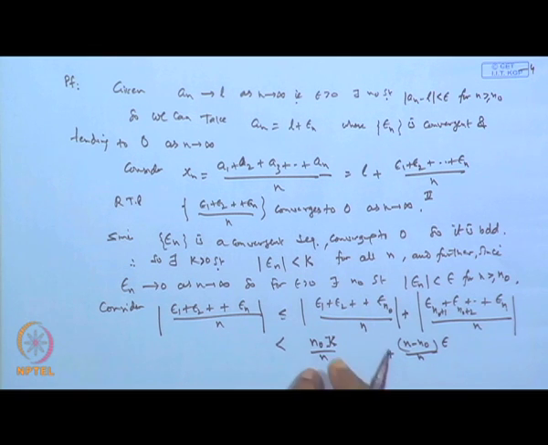Now, n naught is fixed, k is fixed. So, if I choose n such that n naught k by n is less than epsilon, then what happens?